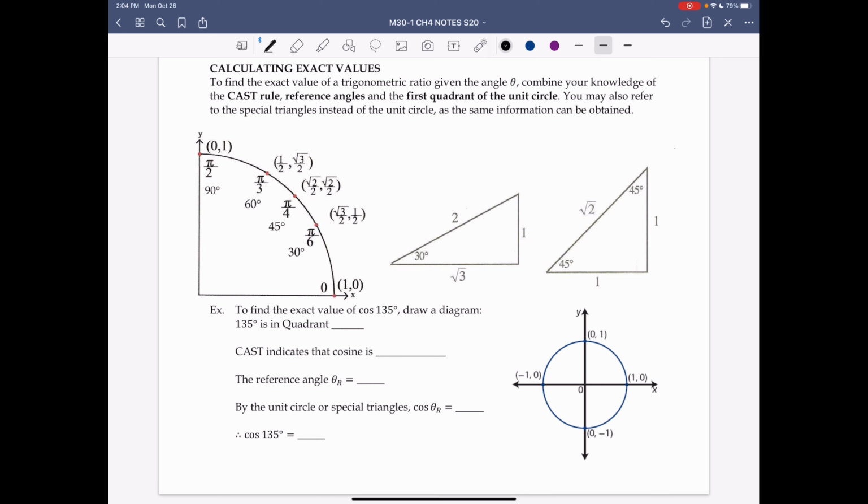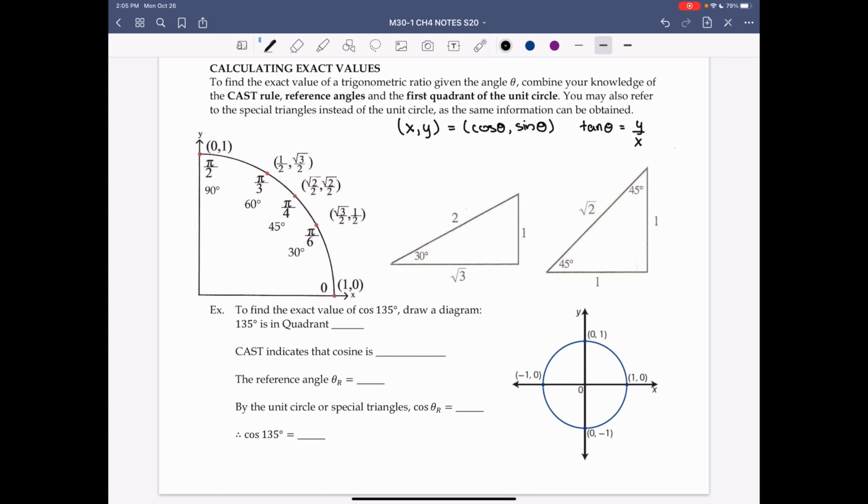So here we have a diagram of the first quadrant of the unit circle and each of our special angle measures and the xy values for those points. We now have that a point xy is equal to cos theta, sine theta for points on the unit circle. And then tan theta equals y over x.